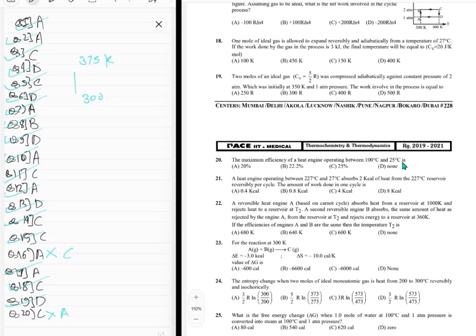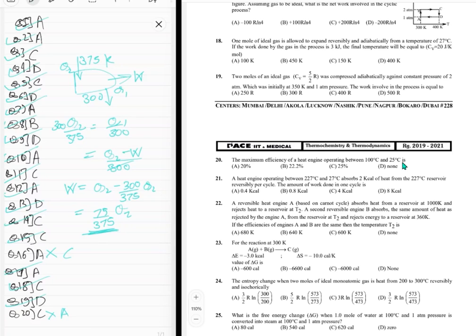Then you have heat going in that way and that way, and work going out. Say this is Q2, this is Q1, then you have Q2 upon 375 equal to Q1 upon 300, but Q1 is the same as Q2 minus W. That goes over here, just 300 right there. So W is Q2 minus 300 upon 375 times Q2, which is the same as 75 upon 375 Q2. Oh god, that went wrong. I took it as 300 and not 375. That's where it went wrong.